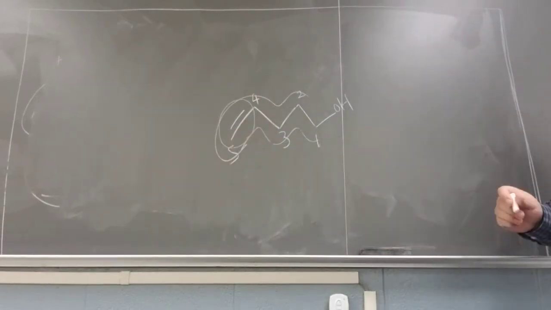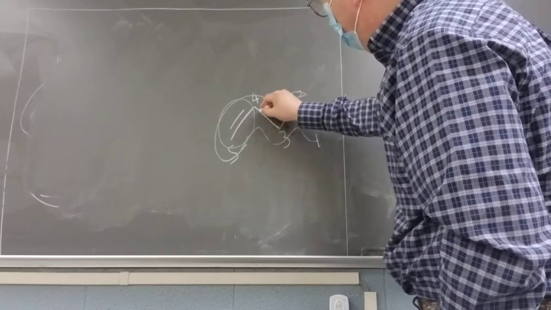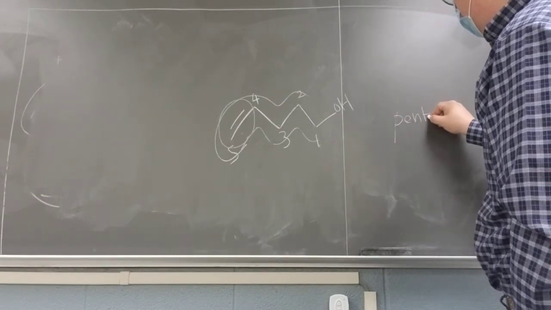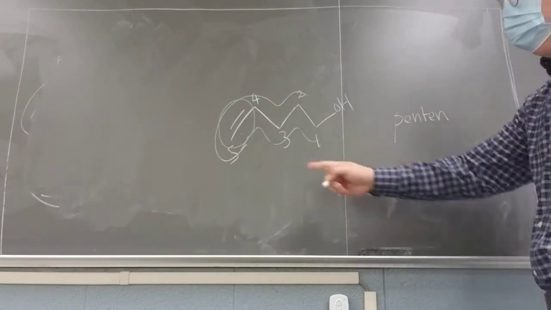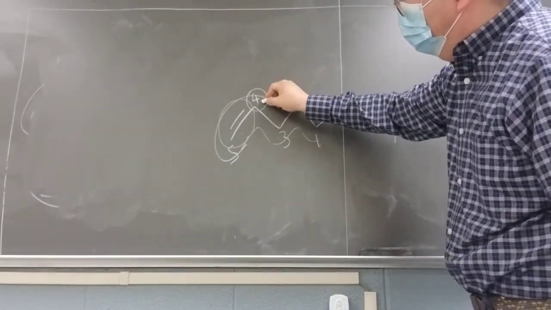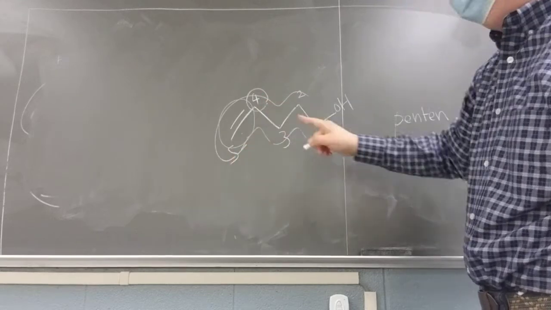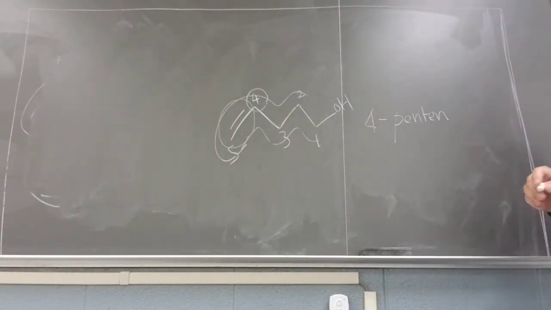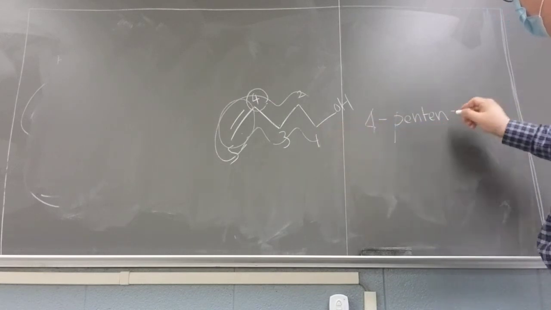So this is pentene, because it's a double bond, where you have the double bond between carbon 4 and 5, not 1 and 2. So this will be 4-pentene.